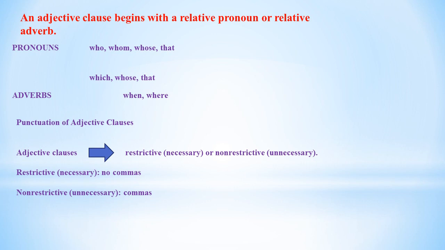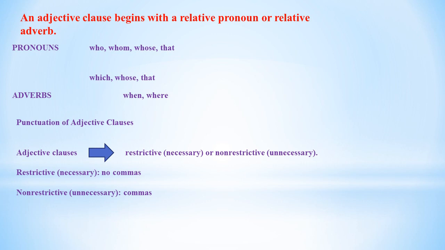Punctuation of adjective clauses. Adjective clauses are either restrictive, necessary, or non-restrictive, unnecessary. A restrictive clause is necessary because it identifies its antecedent for the reader. Do not use commas with restrictive clauses. A non-restrictive clause is not necessary to identify its antecedent. It merely gives the reader some extra information about it.